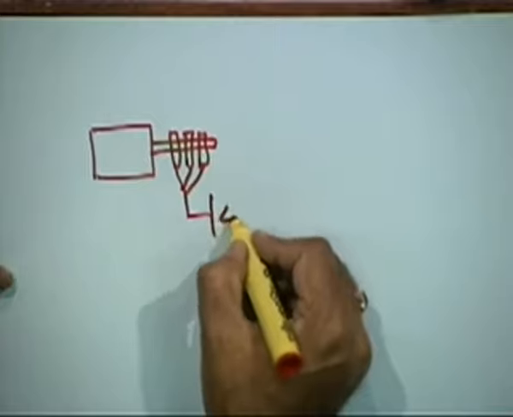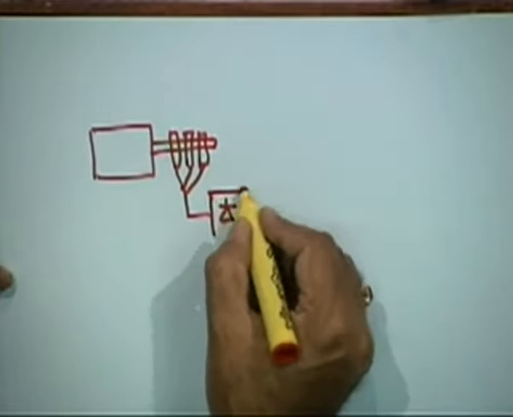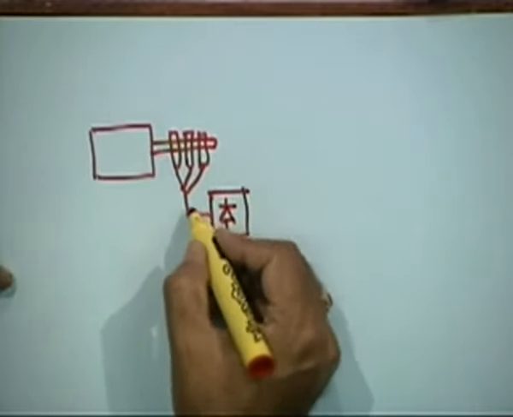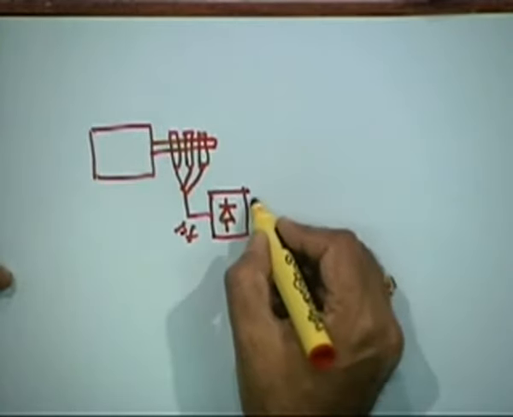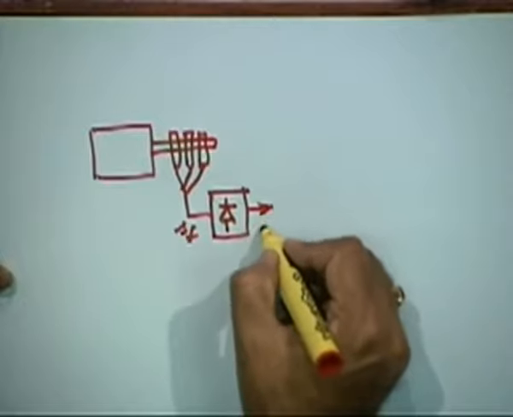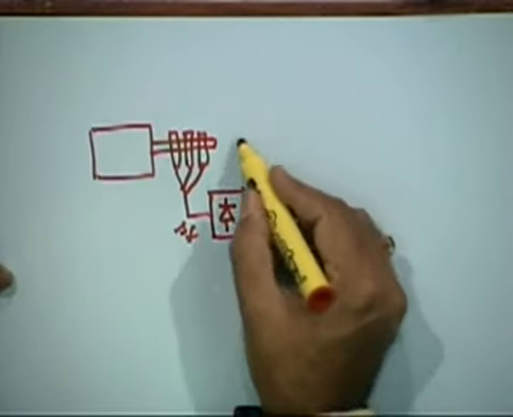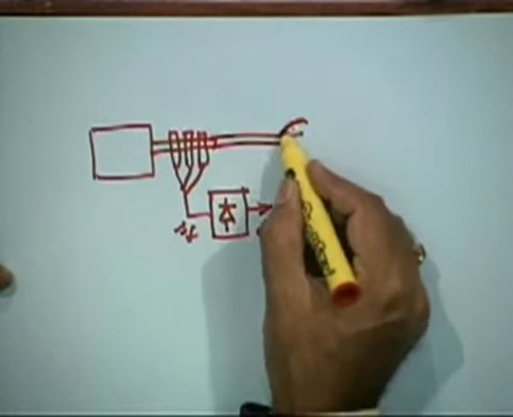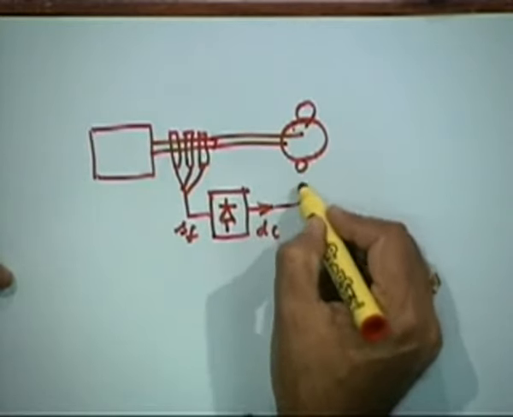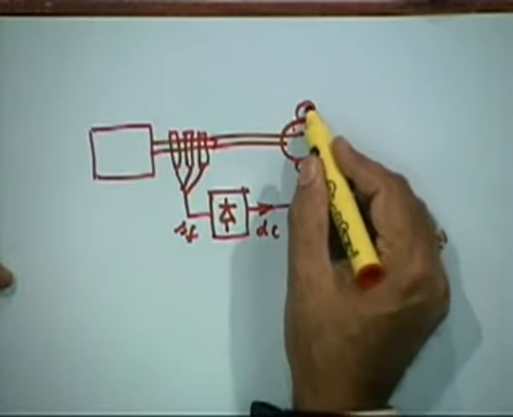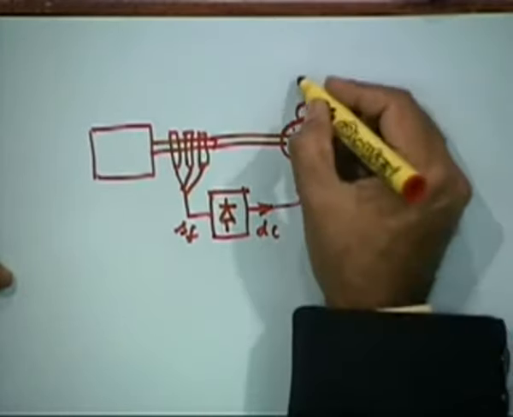you can have a rectifier. I hope you know what a rectifier is. So from SF, you can have a DC here, and that will go to a DC motor.